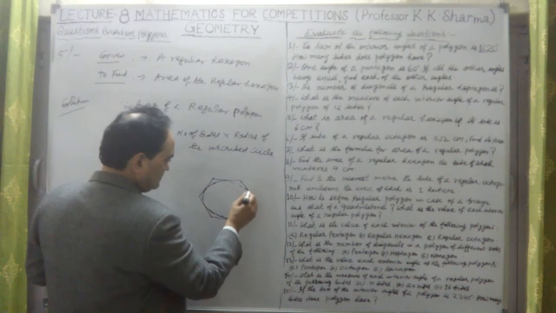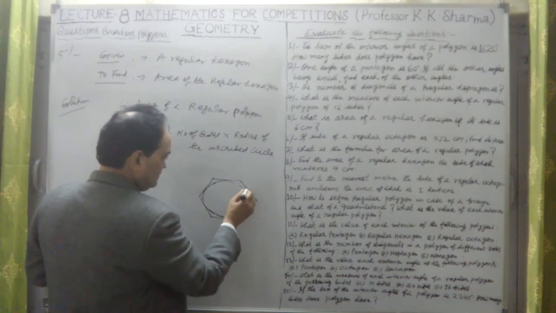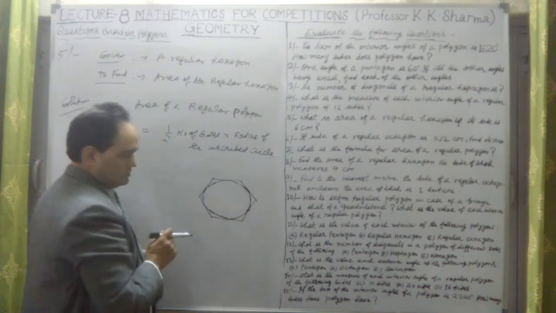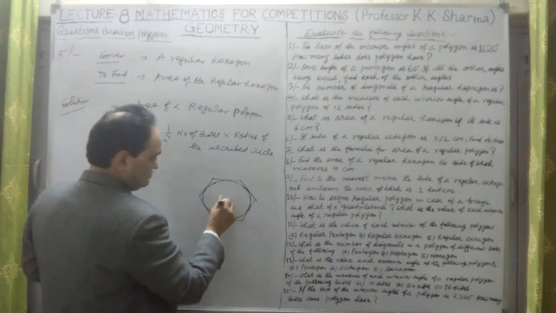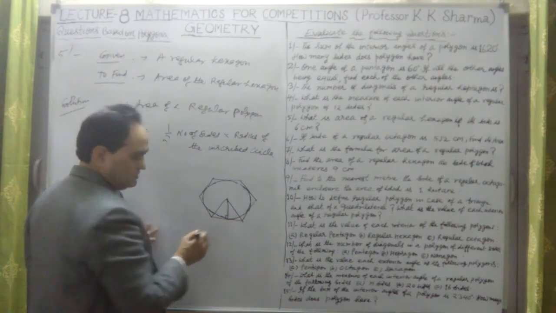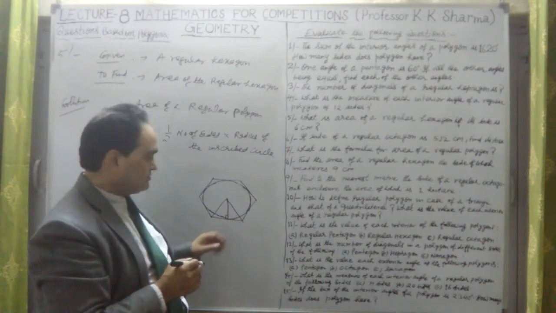This is the inscribed circle of a regular hexagon. Suppose this is the center. If I join this, the radius of this inscribed circle will be this perpendicular.